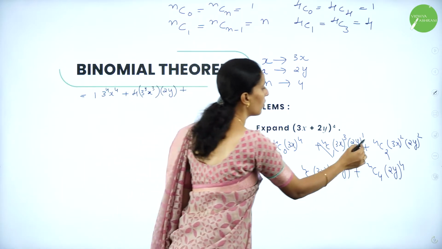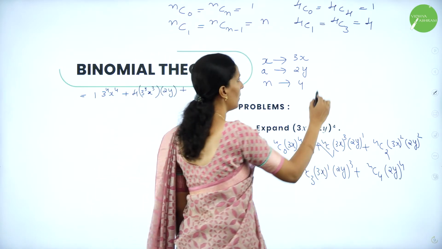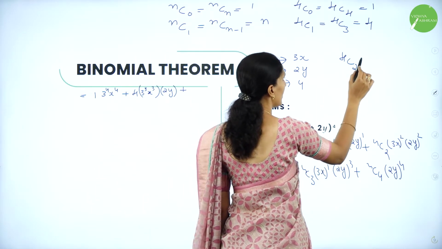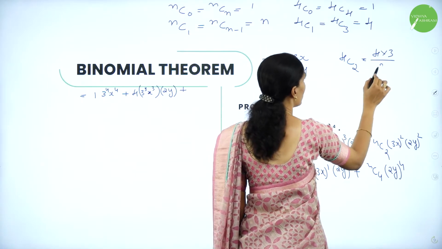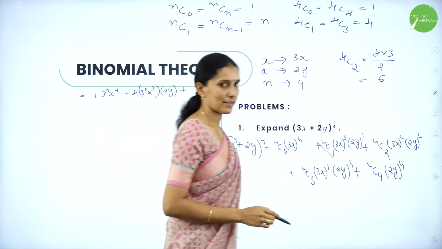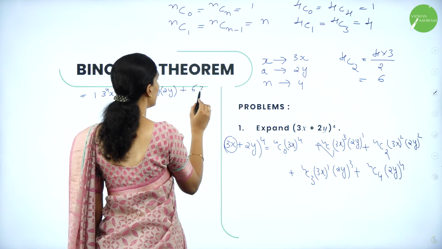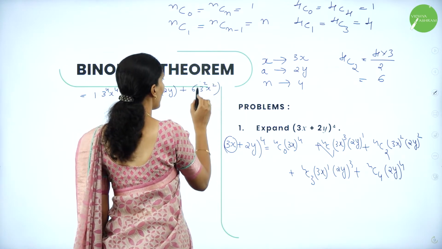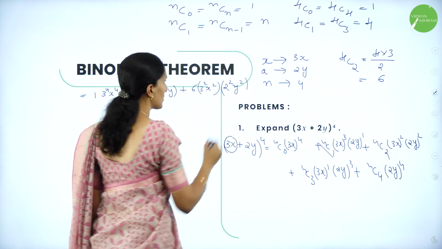Again, we have 4C2. How to calculate 4C2? Using the combination formula, 4C2 is nothing but 4 into 3 divided by 2, which is equal to 6. So therefore 6, and there it is 3 square x square into 2y whole square, 2 square y square.